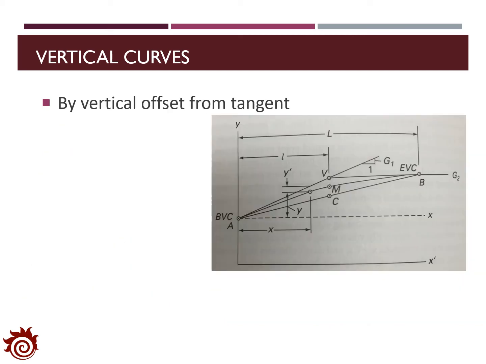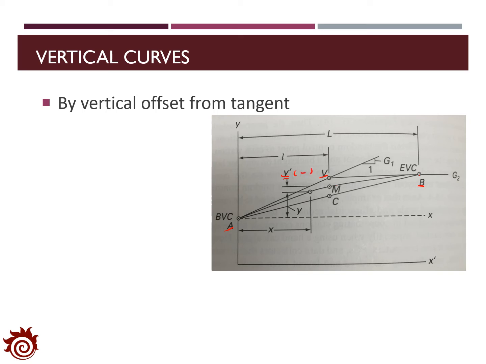The vertical curves can also be designed based on the vertical offset from the tangent line, which is shown as y prime in this figure. Y prime represents the difference between the tangent line A to V and the curve AMB. We need to identify the value of y prime as a function of x for the design of the vertical curve. Basically, in this figure, we set that y prime as negative.